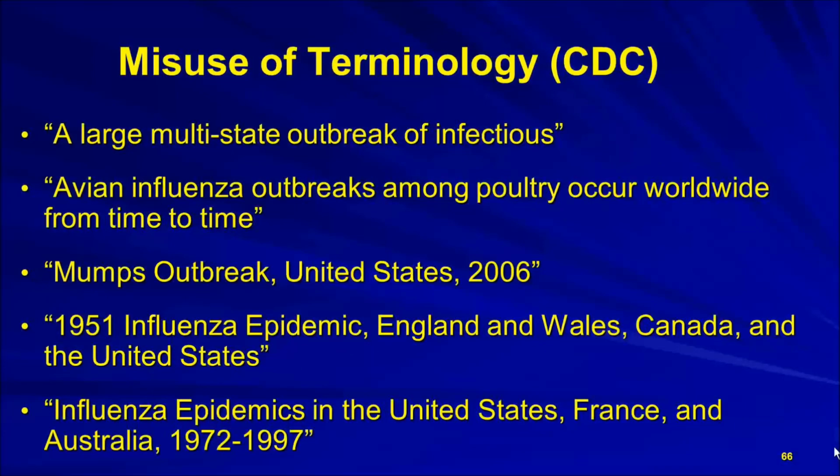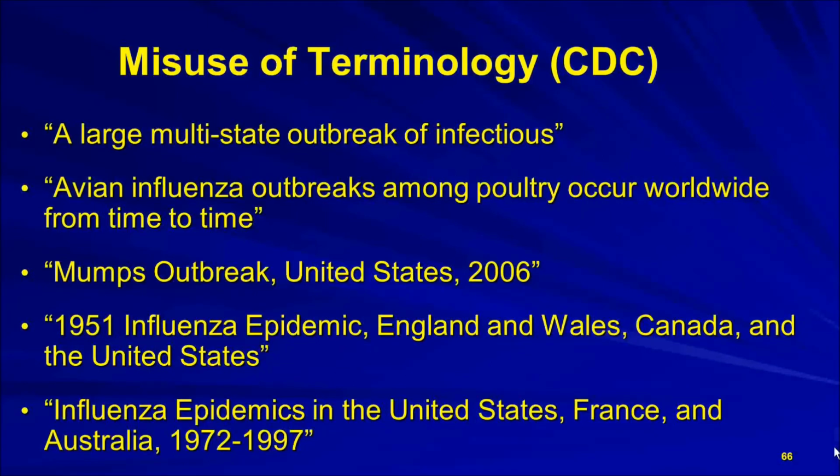Now, I want to talk to you just briefly, because people think that these words are used correctly. And this is talking about a large multi-state outbreak of infection, and these phrases are coming from the CDC. And too frequently these terms are misused.